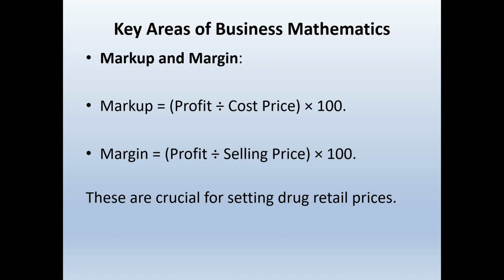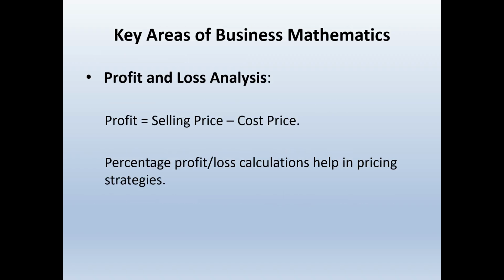My profit level is too high. So let me reduce this profit level so I can have a good number of customers come to buy from me. So when you understand the profit and loss analysis properly, it will help you in pricing strategy. That is exactly the essence of this particular one, right?